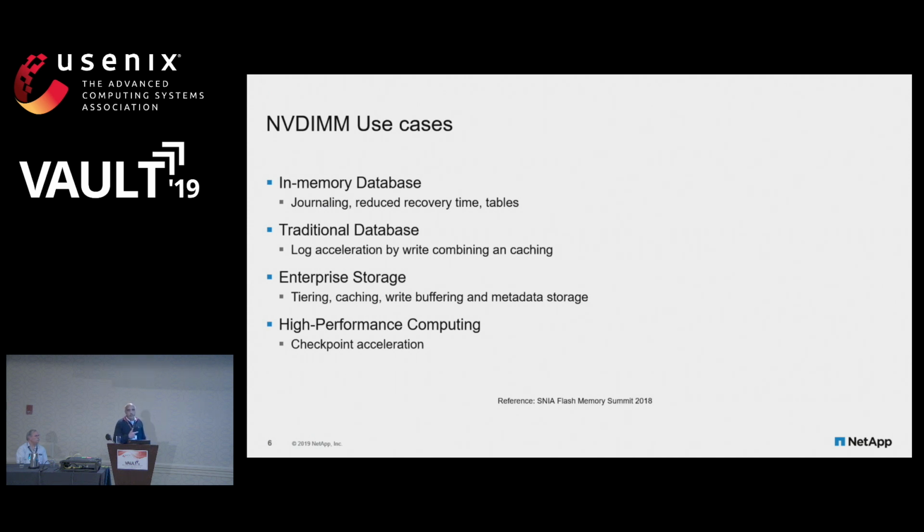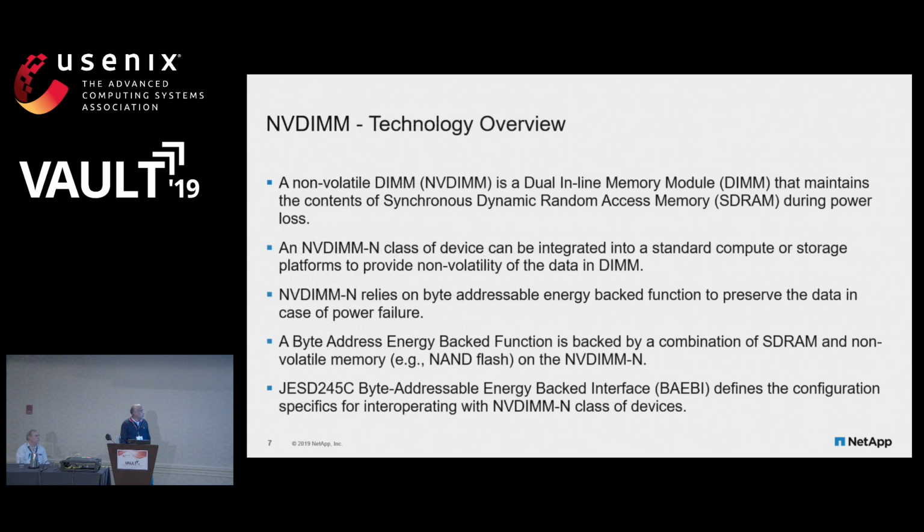In enterprise storage, we use these devices a lot for storing metadata, and also any vital configuration or system-wide information that we want to preserve over catastrophic power-fail situations. It also provides a tiering and caching layer. And lastly, for high performance computing, checkpoint acceleration is one of the areas where it's being used.